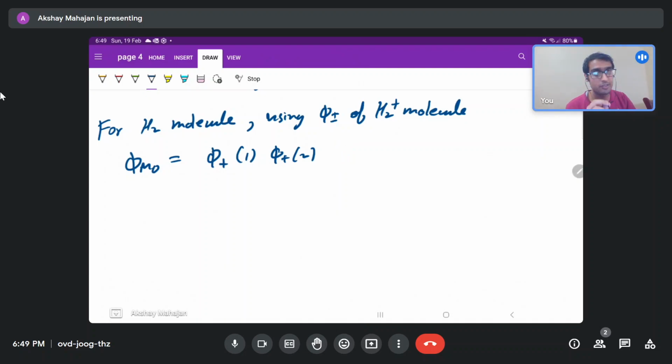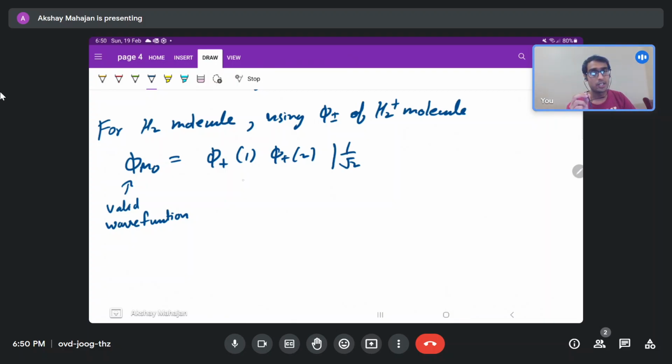So the complete wave function of this H2 molecule is the varied wave function. Just to point out that you have to write the varied wave function and multiply it with the spin part.